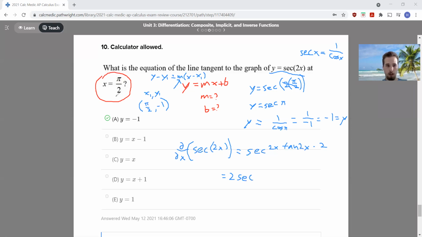So we're going to plug in pi over 2 now, because we want to know the slope. This is our f prime, which is going to equal our slope at pi over 2. So we plug in pi over 2 here.